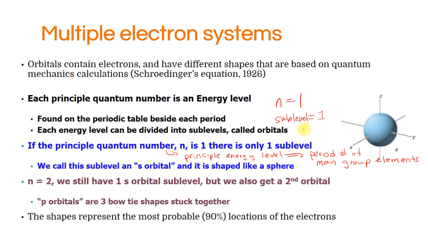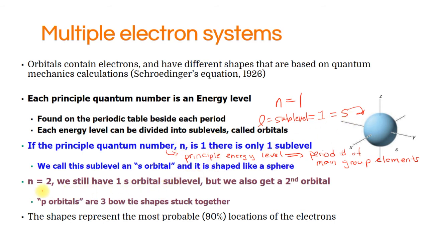You can only have one sublevel. Okay, we call that level S because it's shaped like a sphere. The symbol for sublevel is an L. It has some fancier names in mathematical ones, angular momentum and so forth, but for our purposes, we're just going to call it the sublevel. And if I have one principal energy level, I can only have one sublevel. All right.